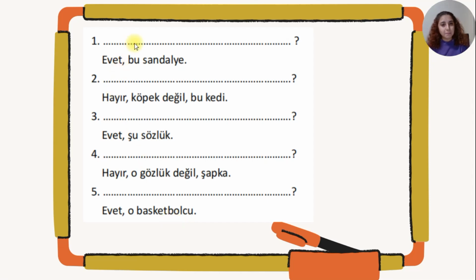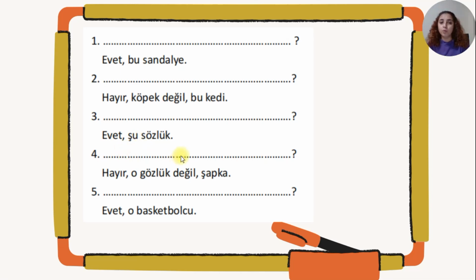Bu sandalye mi? Evet, bu sandalye. O köpek mi? Hayır, köpek değil. Bu kedi. No, it is not a dog. It is a cat. Şu sözlük mü? Evet, şu sözlük. Yes, that is a dictionary.